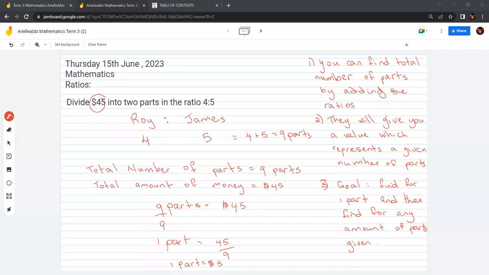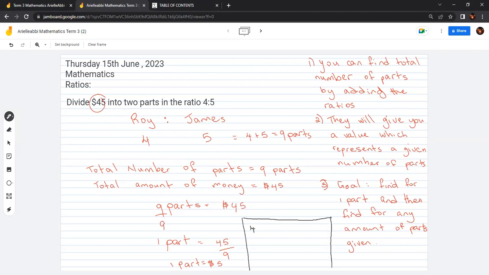So we found that 1 part was $5. But they asked us to share it in 4 to 5 parts. That's the ratio. So for us to find out how much money the person who receives four parts will receive, we'll say 4 parts, I'll put P for parts, is equal to, now 1 part is $5, so $5 times 4.